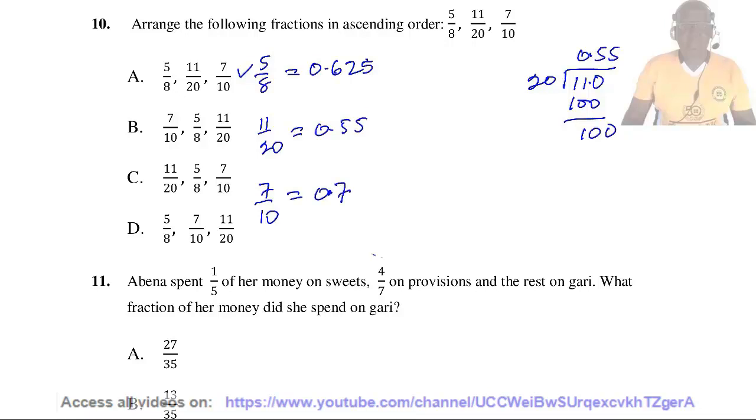So the lowest is 1, followed by 2, followed by 3. So the order is 11 over 20, followed by 5 over 8, followed by 7 over 10. And this is C. So the answer is C.